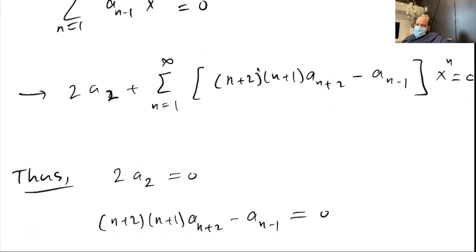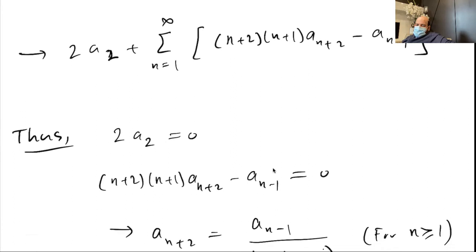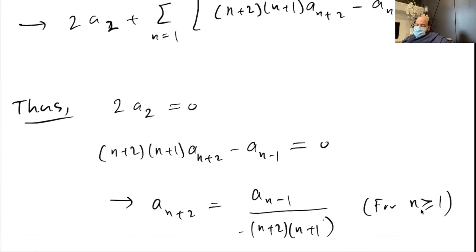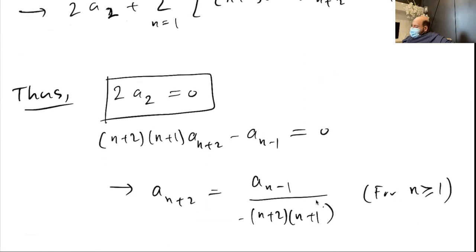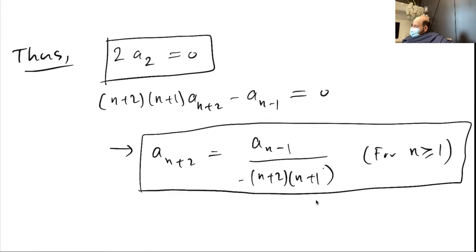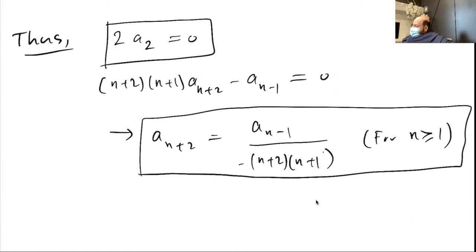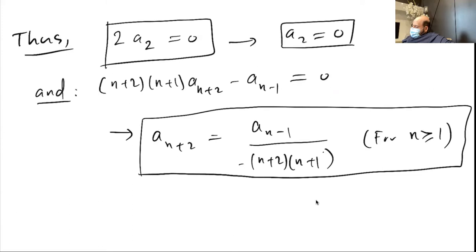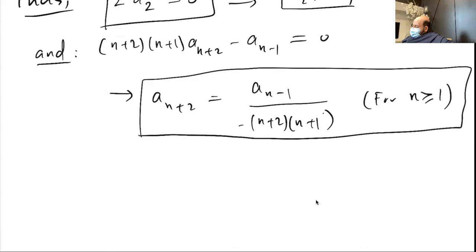So that means this coefficient has to be 0 starting from n equals 1. So we got this term equals 0, and this equals this for n bigger than or equal to 1. And 2a2 equals 0, of course, means a2 equals 0. And a_(n plus 2) is equal to this term.